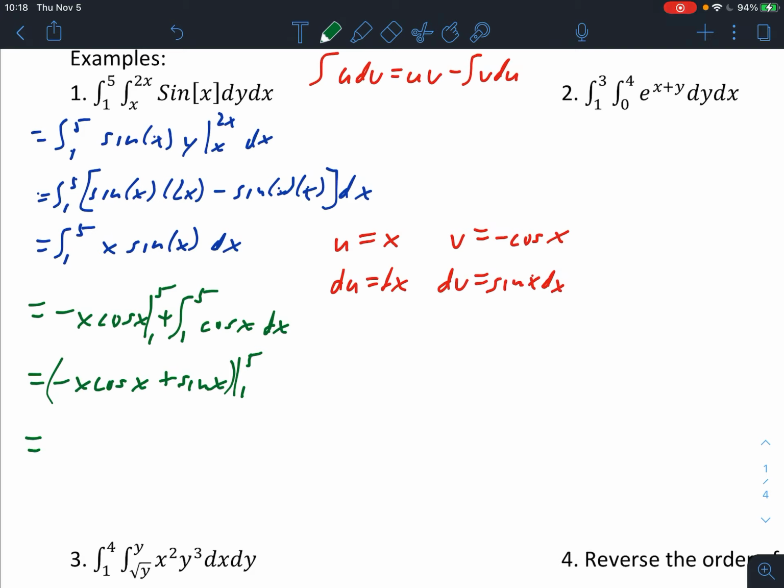Putting 5 in there, we get negative 5 cosine 5 plus sine 5 minus negative 1 cosine 1 plus sine 1.